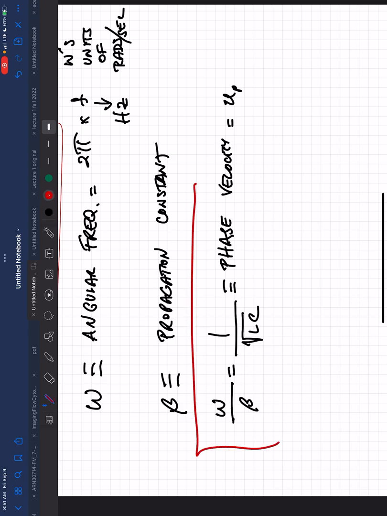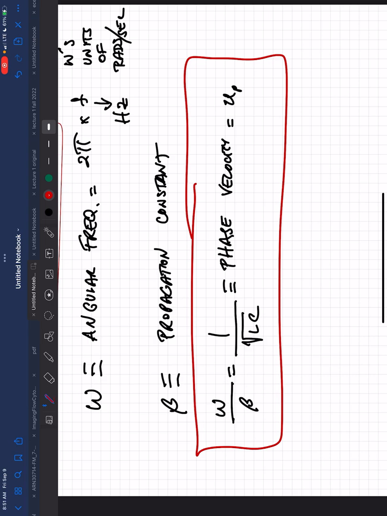This is good to remember. And then we have d omega over d beta, the rate of change of our angular frequency with propagation constant, called u_g, or the group velocity.